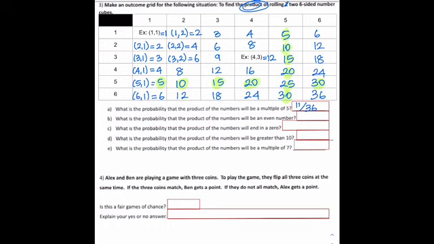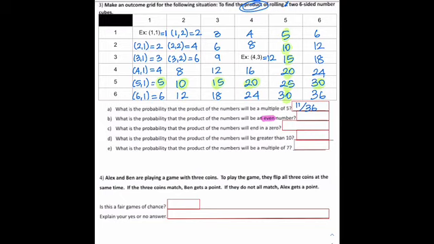What is the probability that the product of the numbers will be an even number? So this one, let's use another color to highlight. So we are looking for even numbers this time.